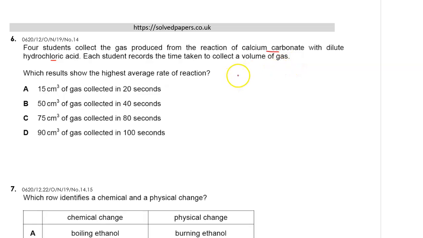Of course, when calcium carbonate reacts with HCl, what you get is the salt calcium chloride, carbon dioxide, which is the gas they are collecting, and water. This is solid, and this is aqueous. This is aqueous as well. Of course, there's 2 there. So, which results show the highest average rate of reaction?